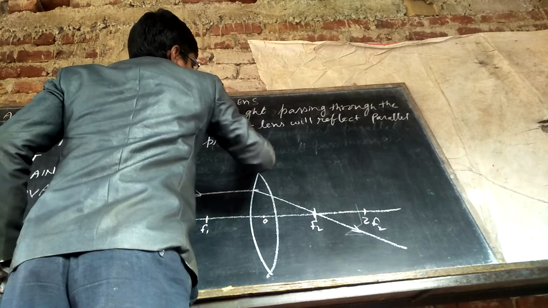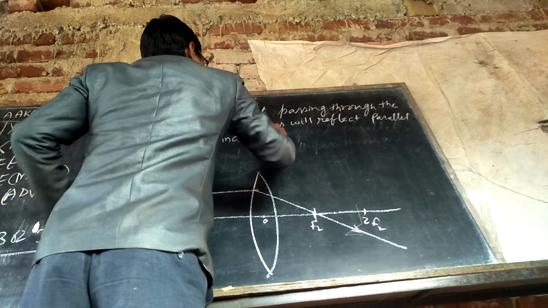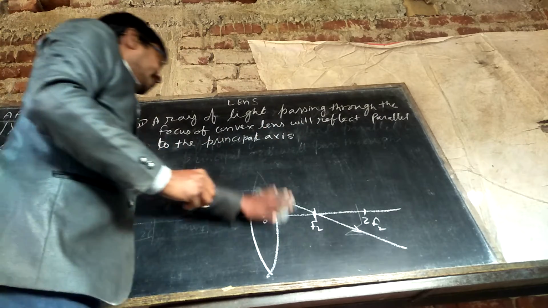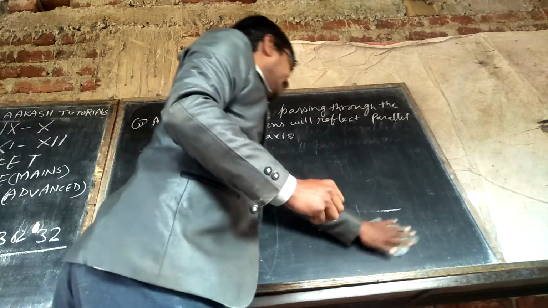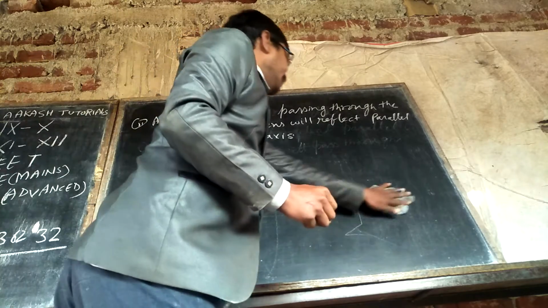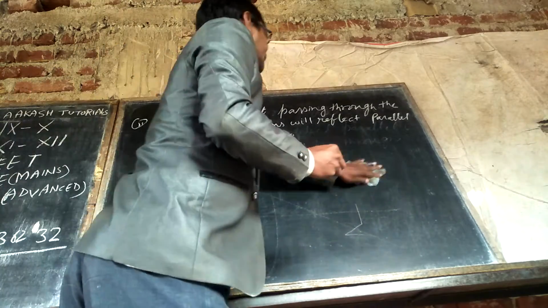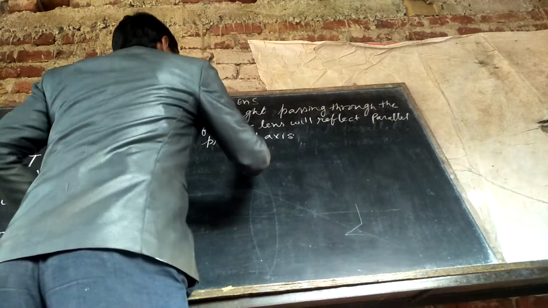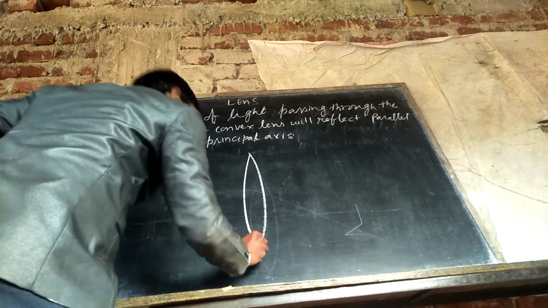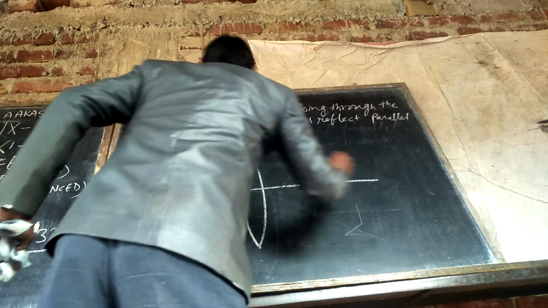It's the reverse. We have to keep in mind that when a ray of light is parallel to the principal axis, it will pass through F2, whereas if the ray of light is incident through F1, it will reflect parallel to the principal axis.